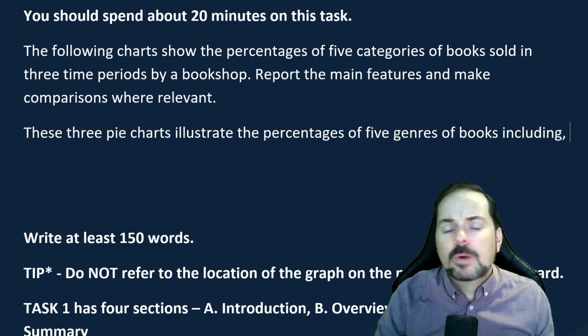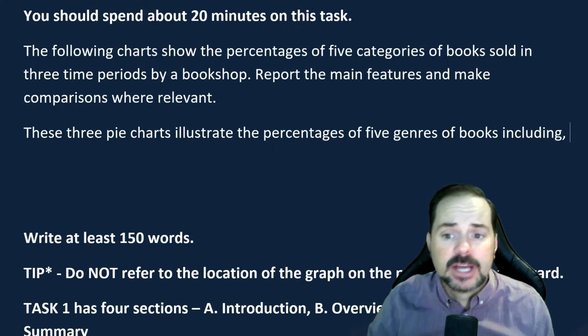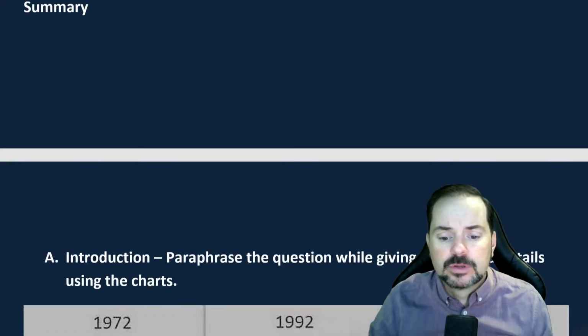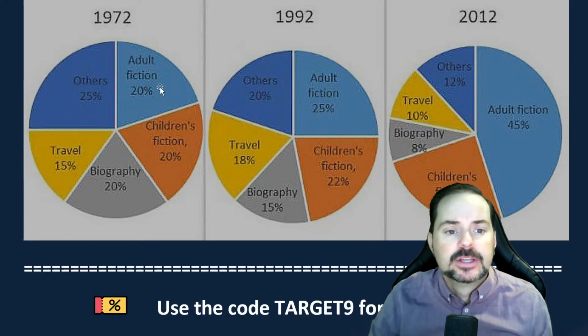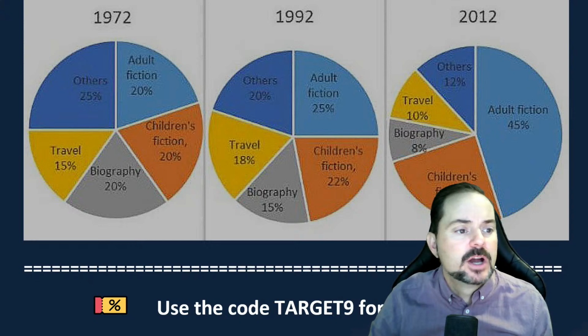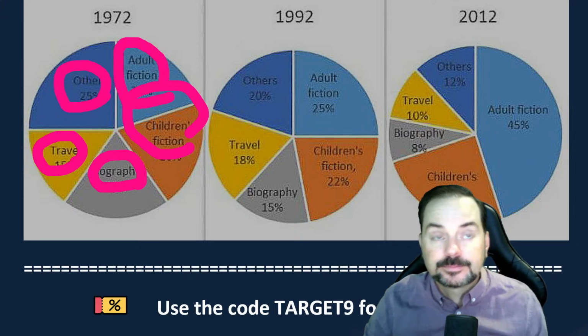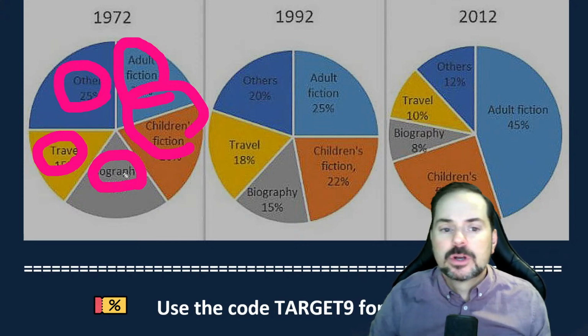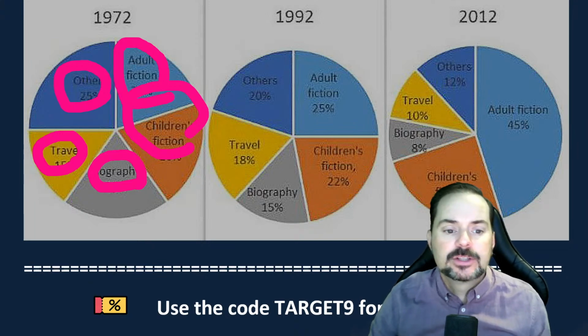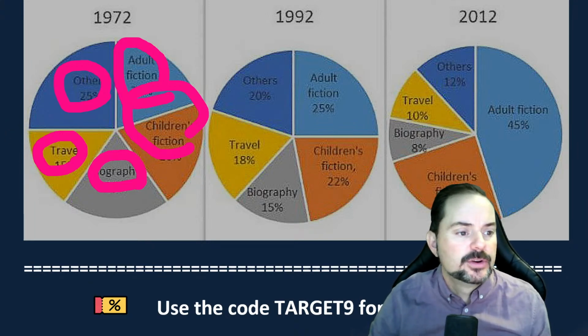including, why not? Let's name the types of books that we're looking at here. So let's take a look. We've got adult fiction, children's fiction, biography, travel, and then other. Okay, so let's indicate those: adult, children, biography, travel, other.